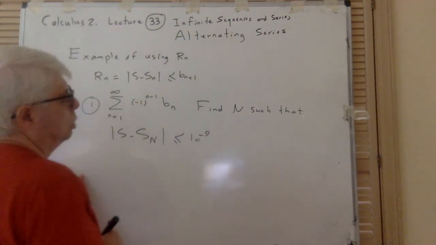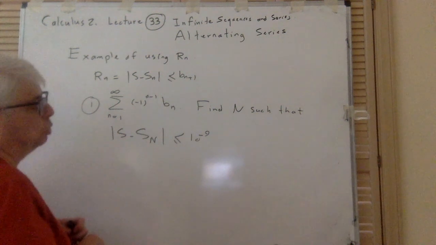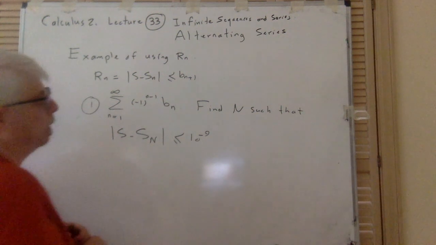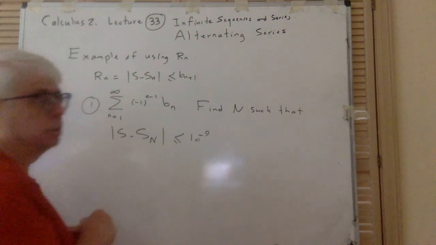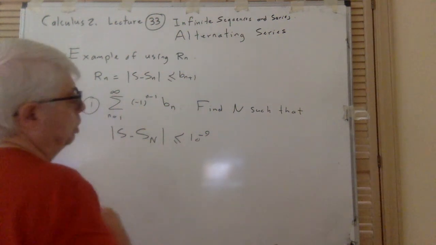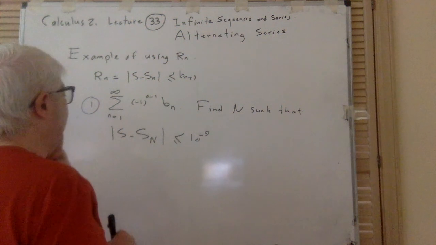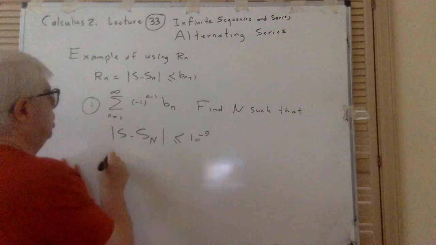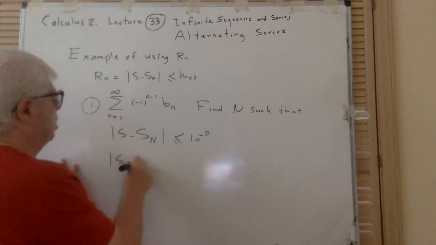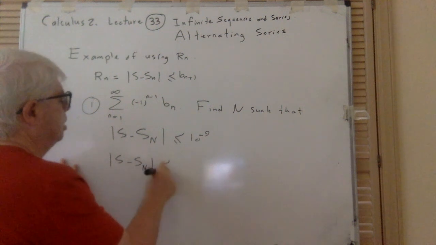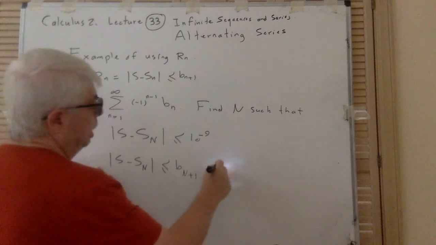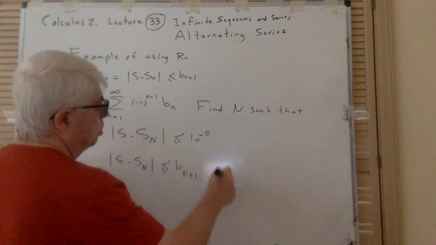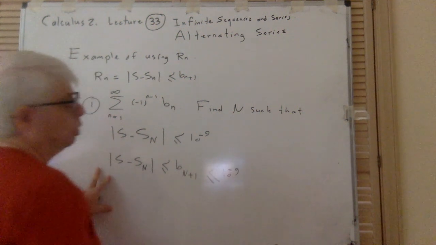Okay? So we want the error to be less than 10 to the power negative 9. And we need to know how many terms to use to get to this point. Okay, so by this theorem we have S minus Sn is less than or equal to b n plus 1. So if this is less than or equal to 10 to the power negative 9, then we're done.